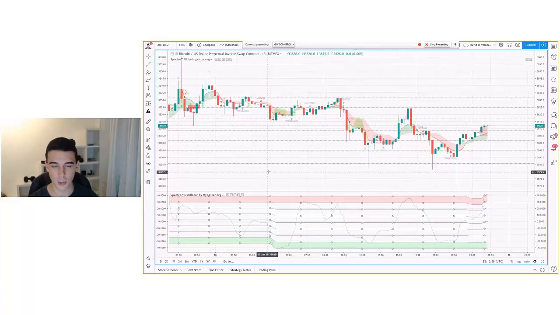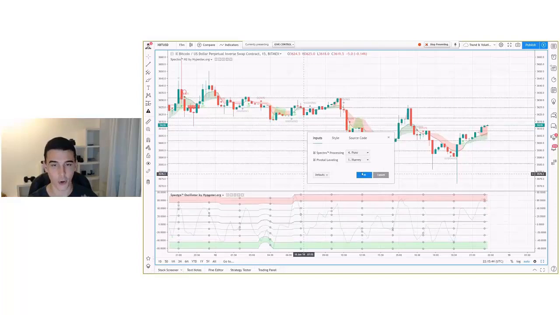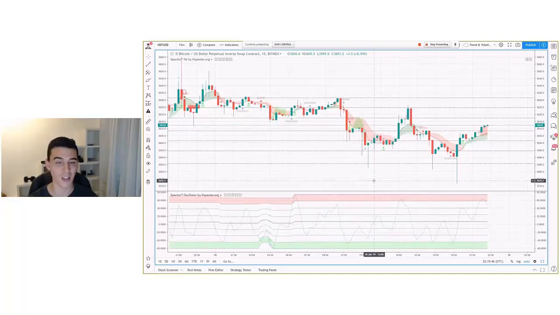For instance, let me show you the pure one. The pure one is the formula by itself without any sort of correlation, any sort of interaction with the asset you're looking at. It's basically price action data processed and giving statistical probabilities all around the chart.